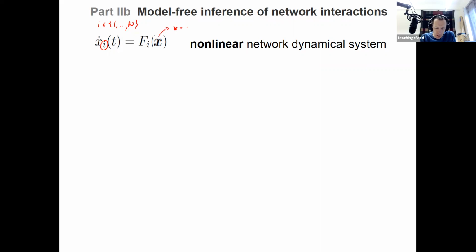This boldface x is a vector x1, x2, xn transpose. And in general, f is nonlinear, and also f is not known.